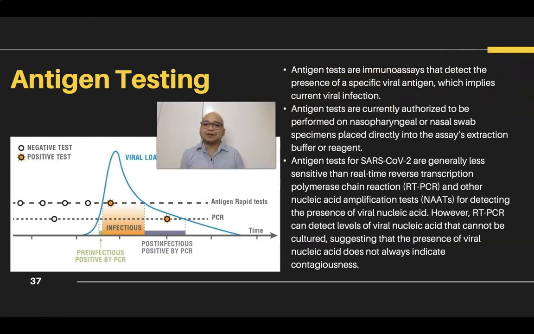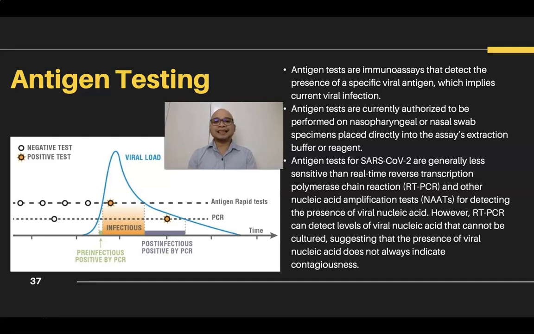Okay, so antigen tests are immunoassays that detect the presence of a specific viral antigen, which indicates current viral infection. So if the molecular test determines nucleic acid, this antigen testing determines viral proteins.